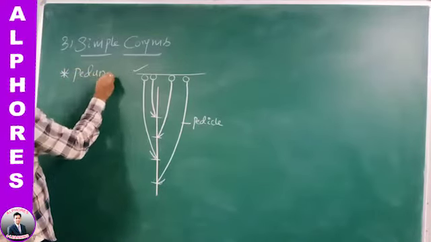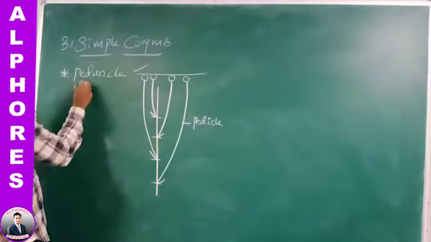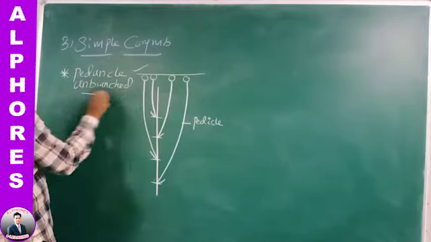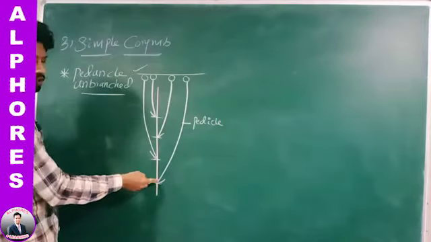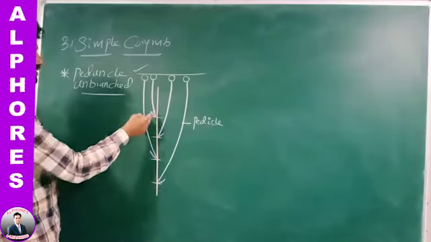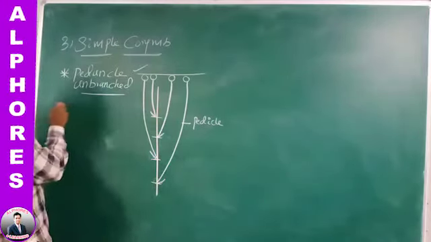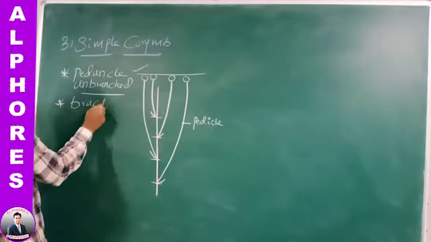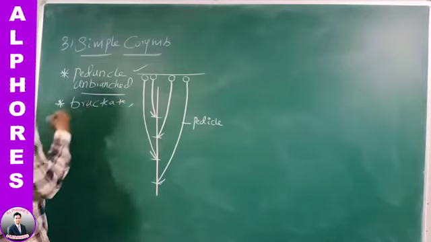Peduncle is unbranched, no branch in the peduncle. Sir, here also no doubt the flowers are bracteate, pedicellate flowers. Bracteate means flowers with bract.